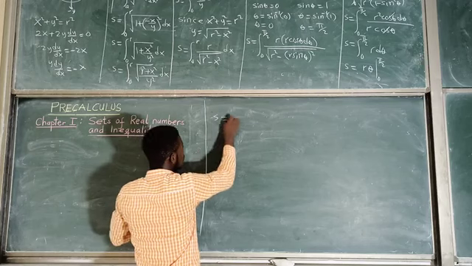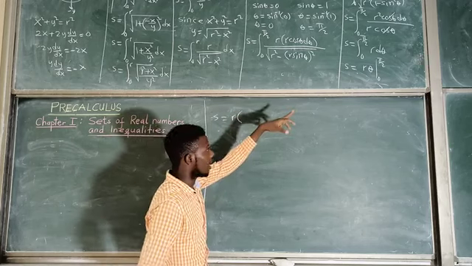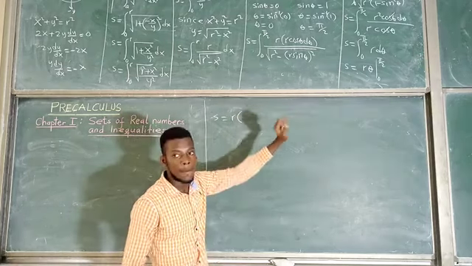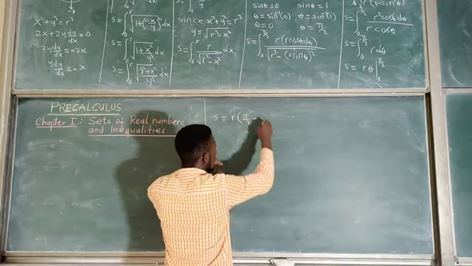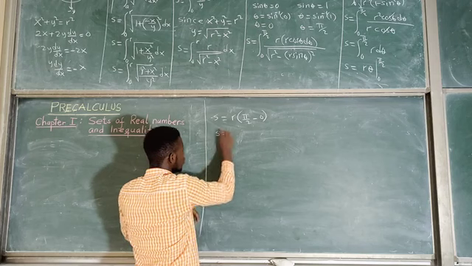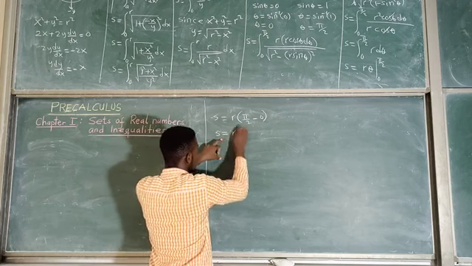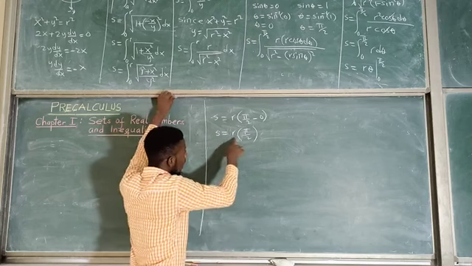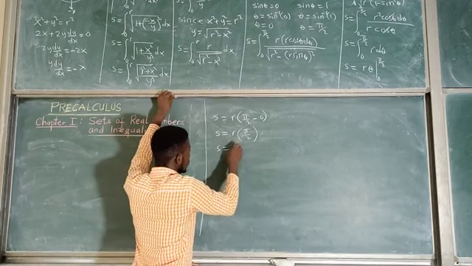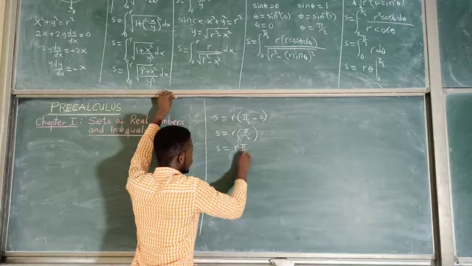Theta starts from 0, so it's the upper bound minus the lower bound: pi by 2 minus 0. So the length of the arc s will just be equal to r multiplied by pi by 2. So s equals r pi over 2.